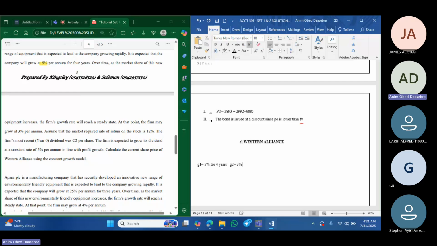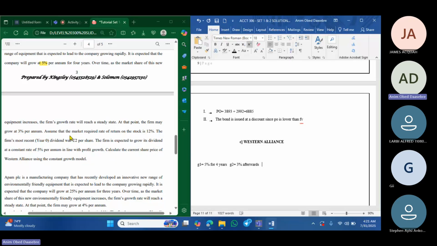So this one is what? After the 4 years. So after the 4th year, the 5th year going, the dividend will grow at that rate.